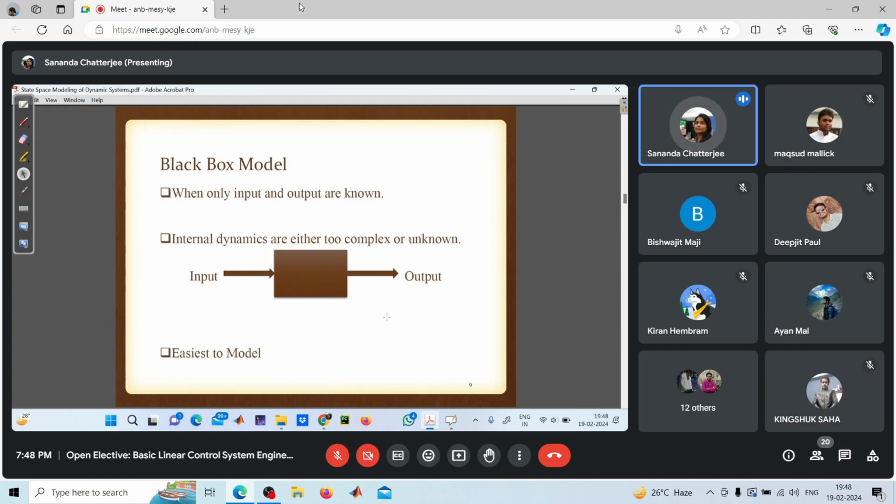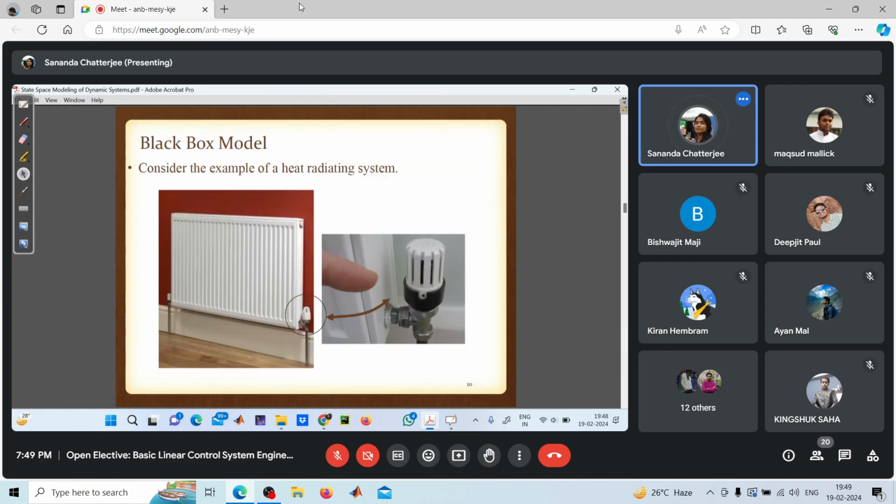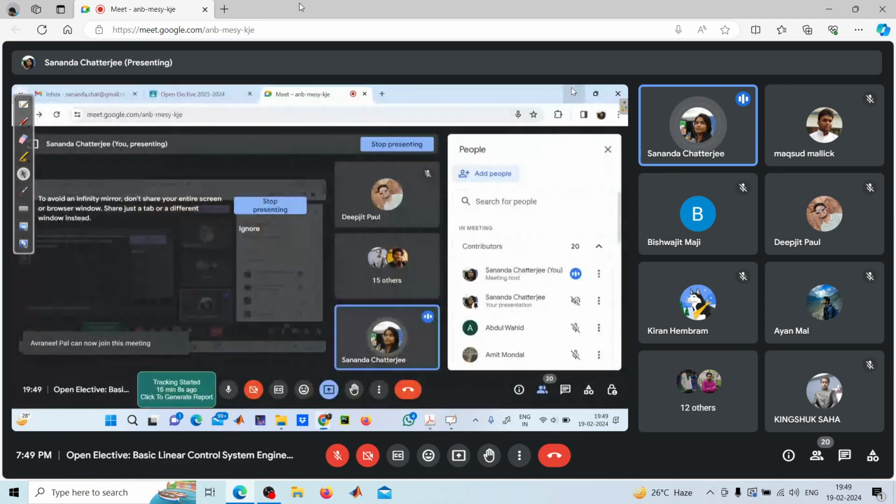If we don't know, then how will we model the system? If you only know the input and output of the system, one method could be, can anybody suggest, if you know only the input and output of the system, can you suggest how will you model it?